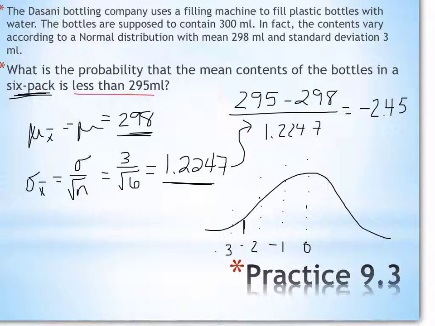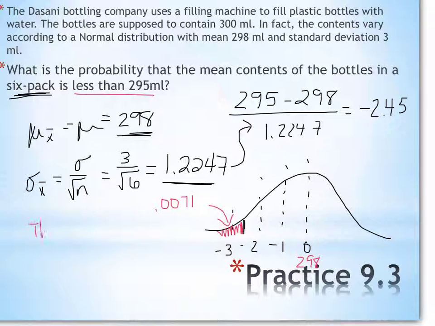Remember, 298 would be right here for the middle, the mean, and then 3 standard deviations down from that. And so I'm going to shade to the left because it says less than. And I'm going to take whatever that is in the z-score sheet. When I look that up, I get this to be 0.0071.